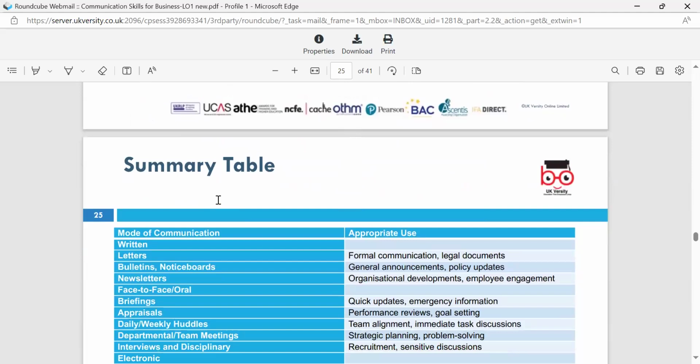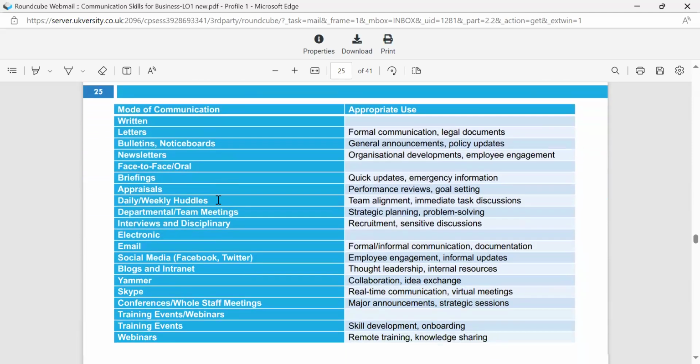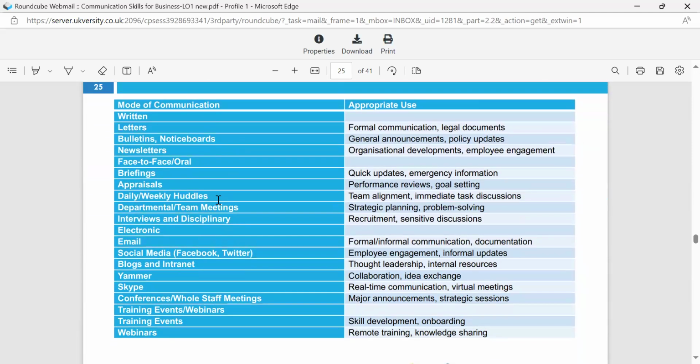So we've got a summary table here with the different modes of communication and their appropriate use. Written: letters for formal communication and legal documents, bulletins, notice boards for general announcements and policy updates, newsletters for organizational developments and employee engagement.